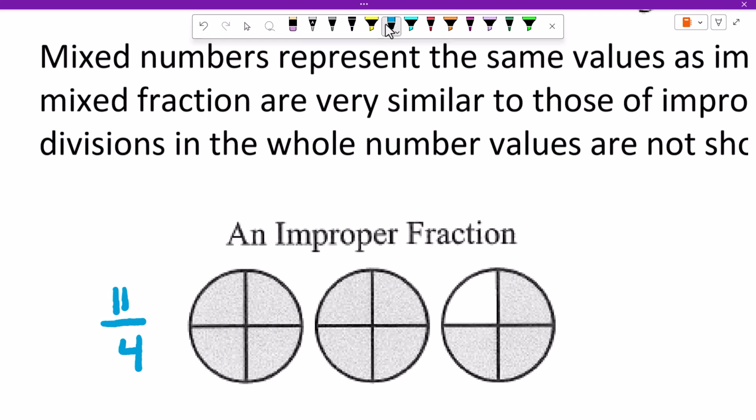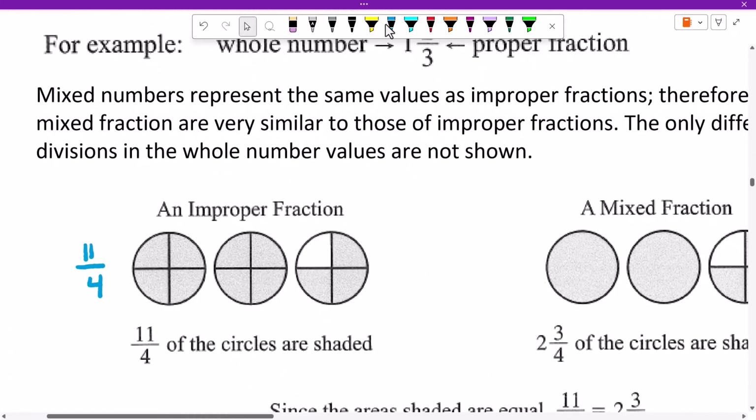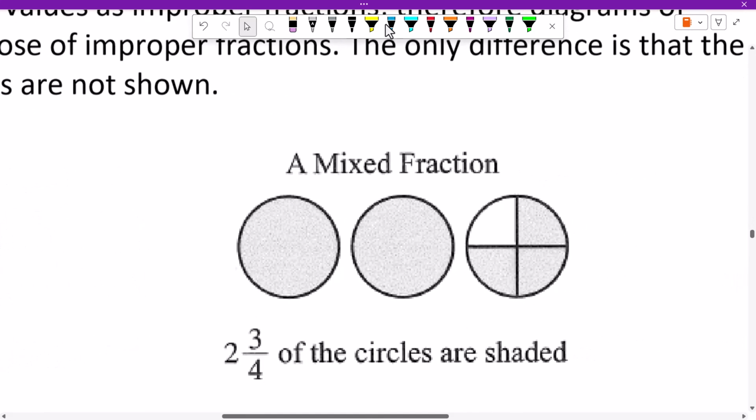Then we have a very similar looking one here. Our two big circles here don't have any pieces cut up, and our last one has been cut up into 4. How many are shaded? Good, thank you for the fingers. 3 of them.